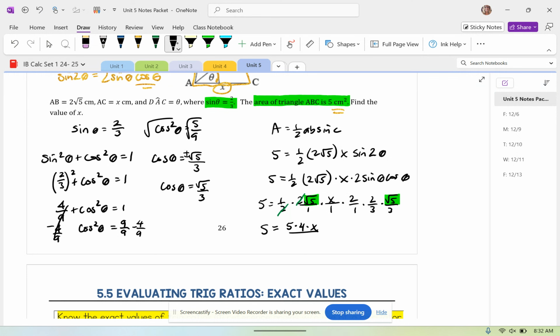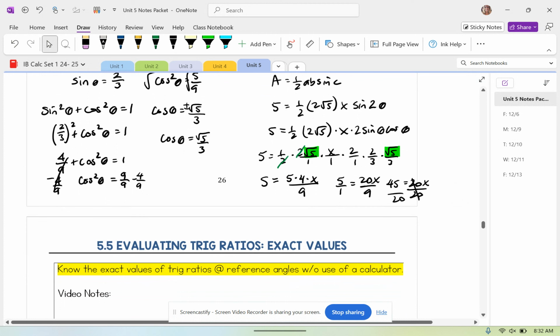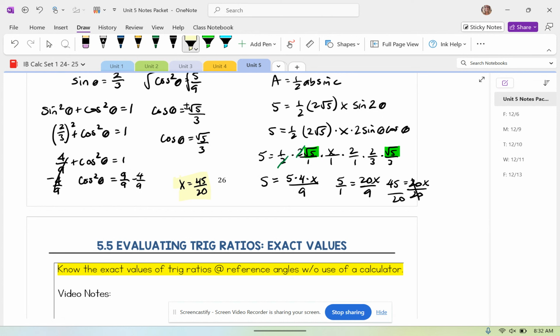And that is all going to be over 9. So now I have 5/1 is equal to 20x/9. I'm going to cross multiply. I have 45 is equal to 20x, divide by 20, divide by 20. And I have x is equal to 45/20, which reduces to 9/4 if you also got that and want to see if you're right.